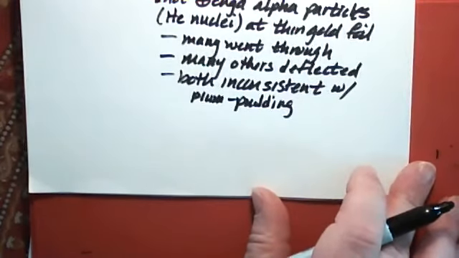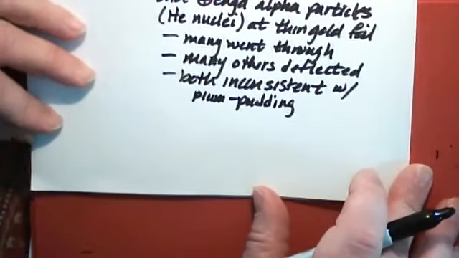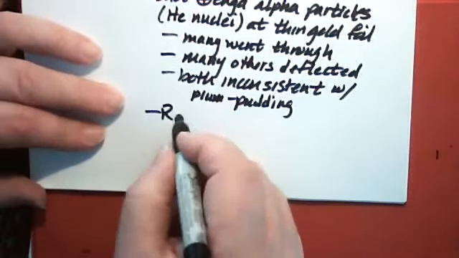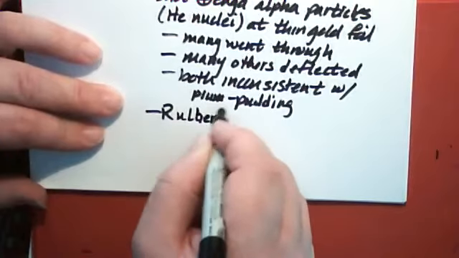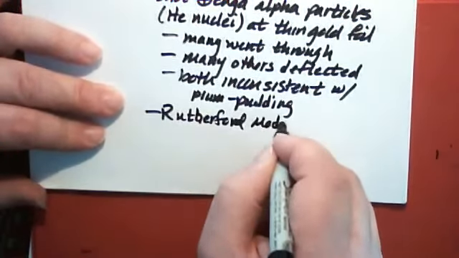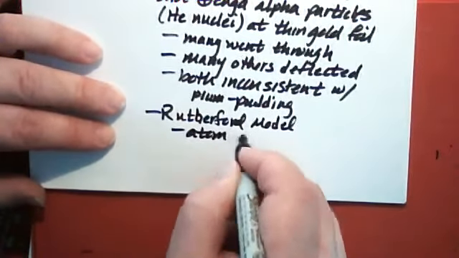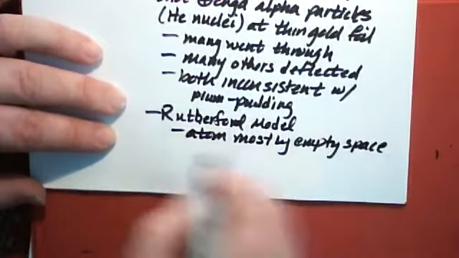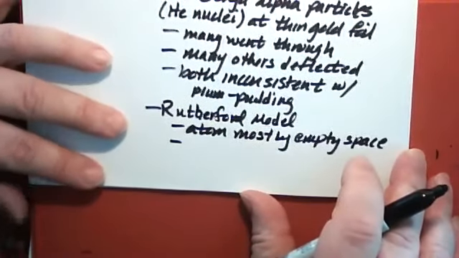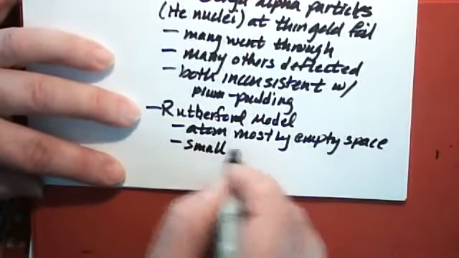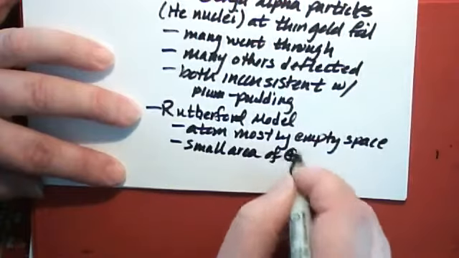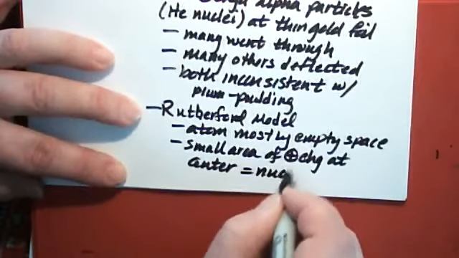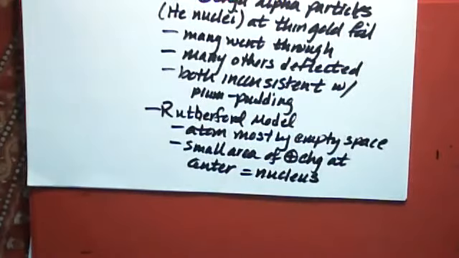And so Rutherford revised the model of the atom into a model where the atom is actually mostly empty space. And he also postulated the existence of the nucleus.